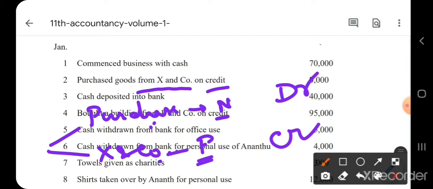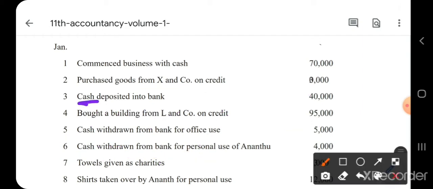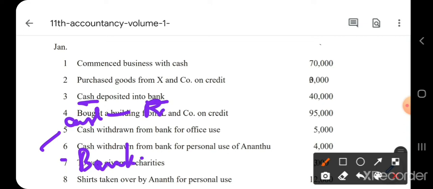Okay, next one, cash deposited into bank. What are the two accounts involved? Cash account and bank account. Okay, cash is a real account, bank is an artificial person, so it is a personal account. Now real account, what is the rule? Debit what comes in.